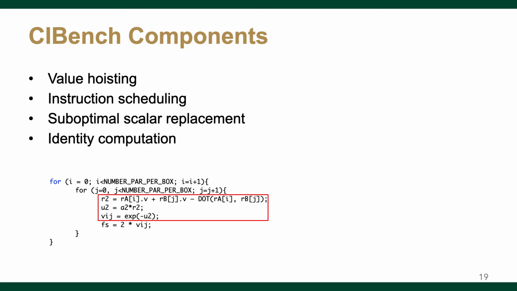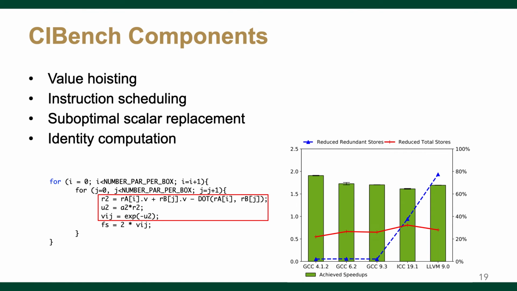For optimization, we manually insert a conditional check before line 4. So if the value of R2 keeps on changing, then we will use the result of Vij from the previous iteration. And through our experiment, we found that all compilers do not eliminate identity computation.